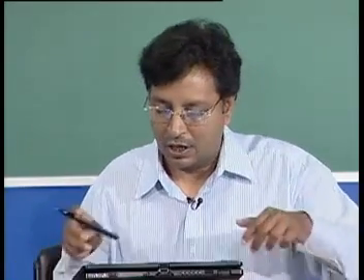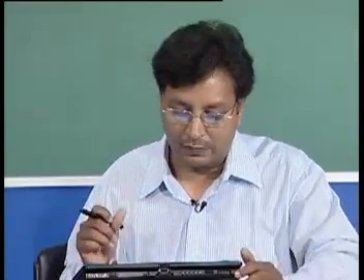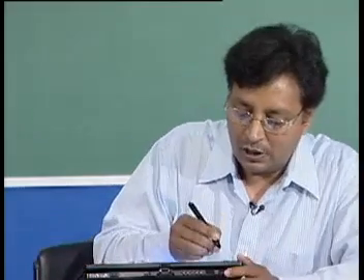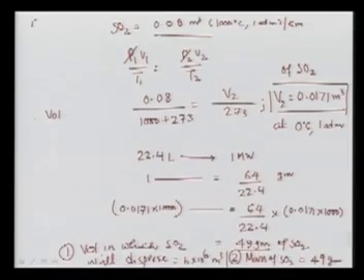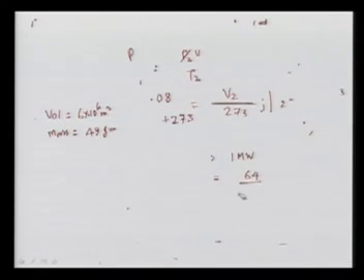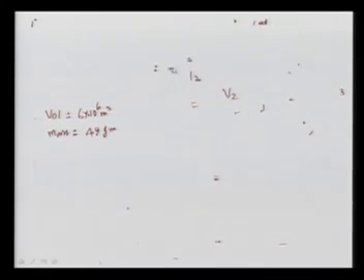So, I will try to remove this and we will write these numbers separately here. 6 into 10 to the power 6 meter cube and mass 49 grams. I will rub the whole thing. So, the next step for me would be to find out the overall concentration.